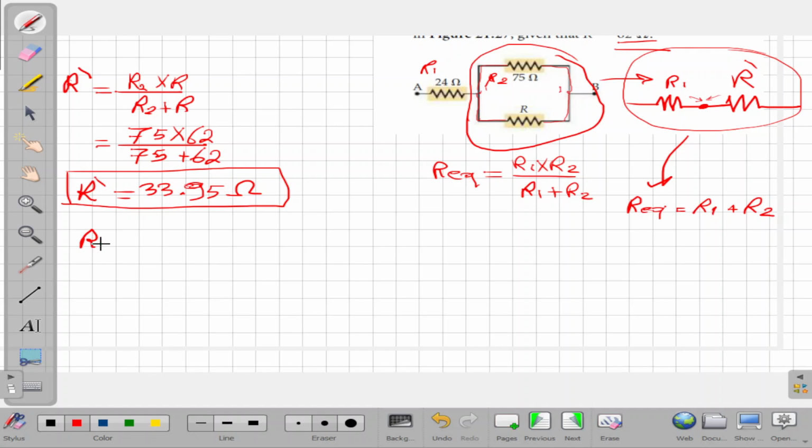So R equivalent of this electric circuit is equal to R1 plus R prime, knowing that R1 is given here as 24 ohm, and we already calculated R prime, which is equal to 33.95. Plug these values in the calculator and you will get the equivalent resistance of the whole electric circuit, which is equal to 57.95 ohm.